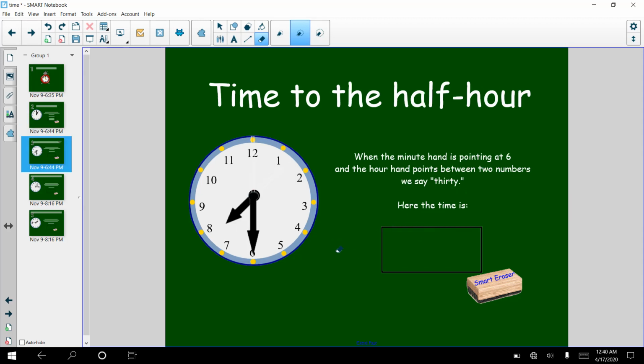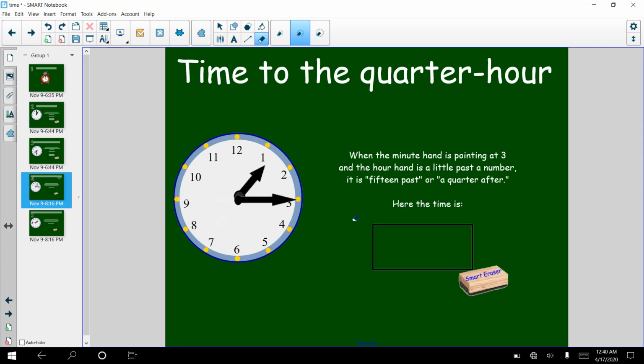What about if my short hand is between 7 and 8 and my long hand is on 6? So my time now is 7:30. Okay, now I have my short hand on 1 and my long hand on 3. This is 1:15.